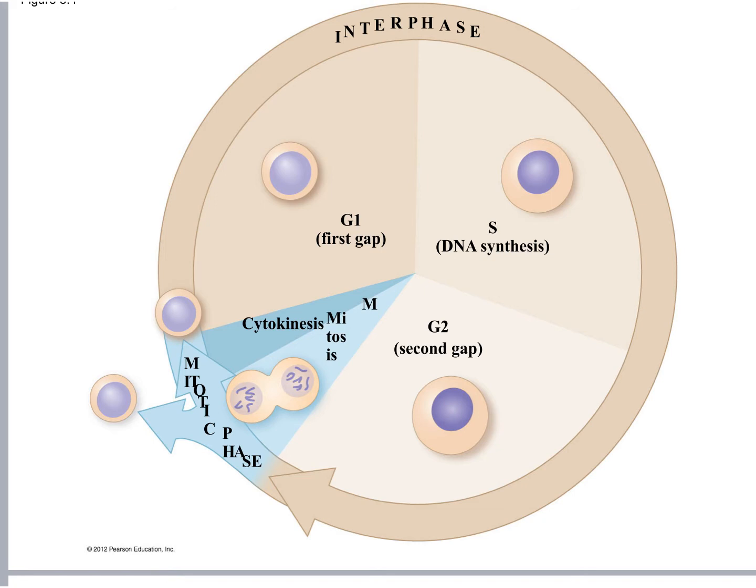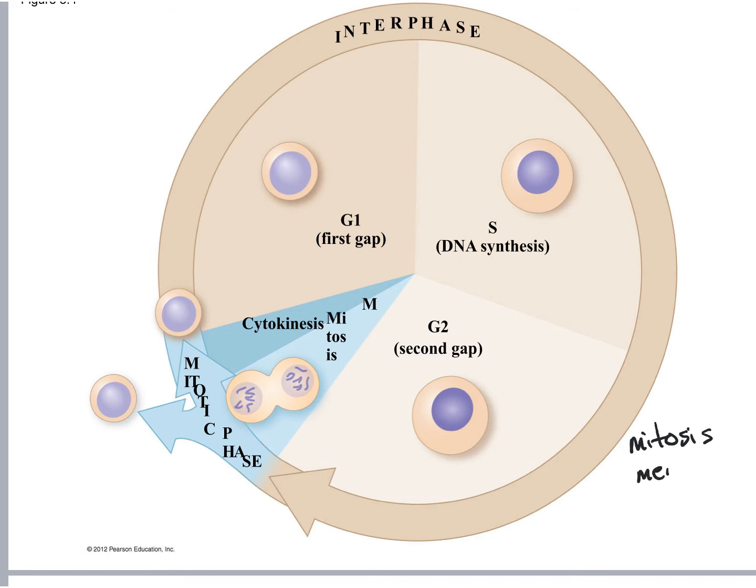Before we learn about the process of cell division, there are actually two ways in which cells divide. We're only concentrating right now on the process of mitosis, where cells just make an identical copy of themselves. They're really just making clones of themselves.